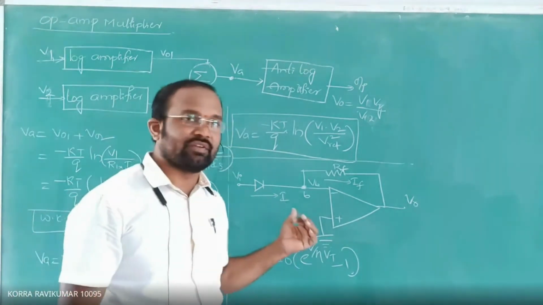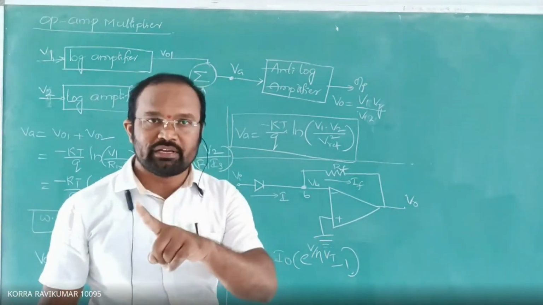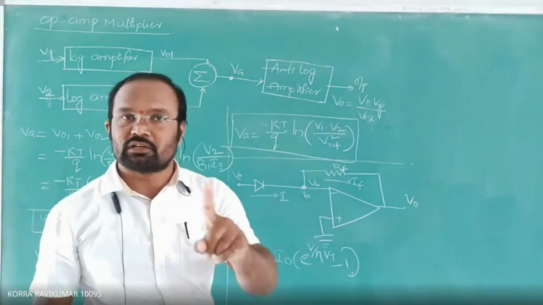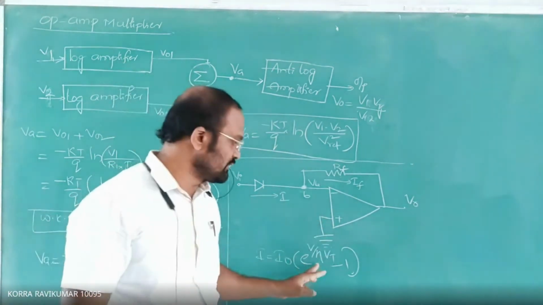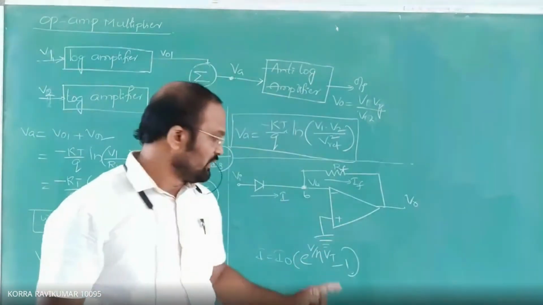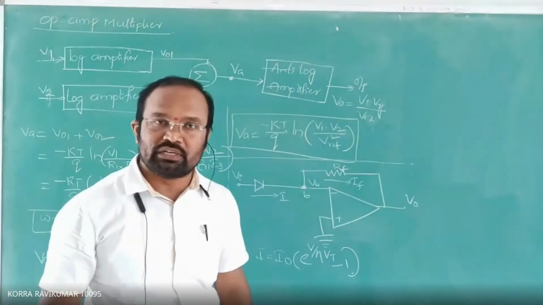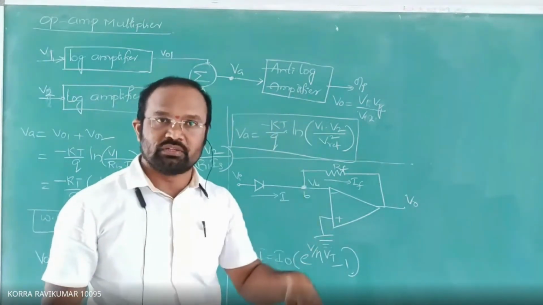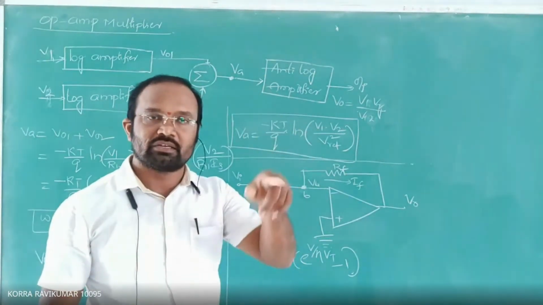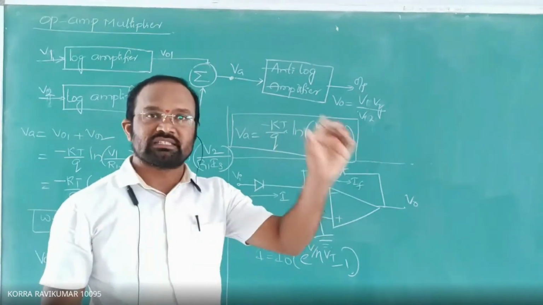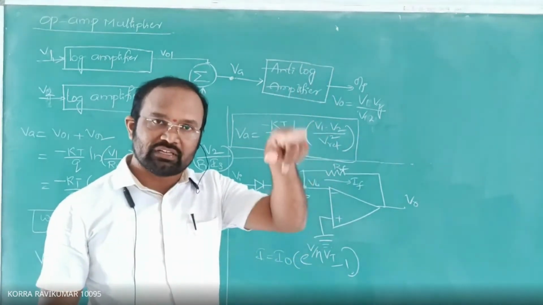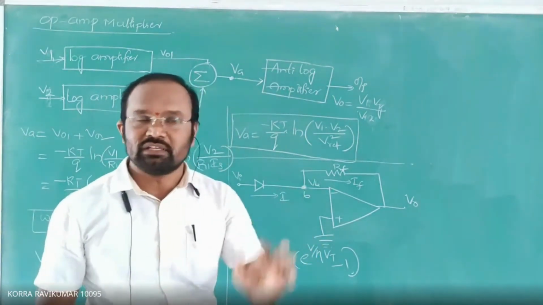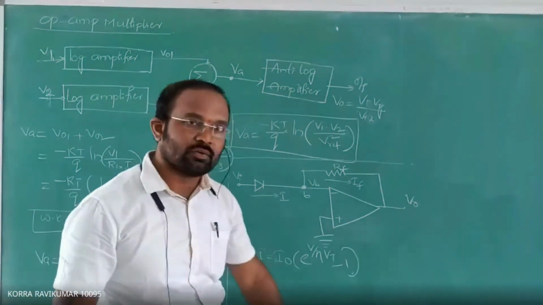If the diode is manufactured with germanium, then its eta value is 1. If it is manufactured with silicon material, then its value is 2. Vt is the threshold voltage of the diode, which equals Kt by Q, where K is the Boltzmann constant, T is the temperature where the diode is operating, and Q means the charge of the electron.